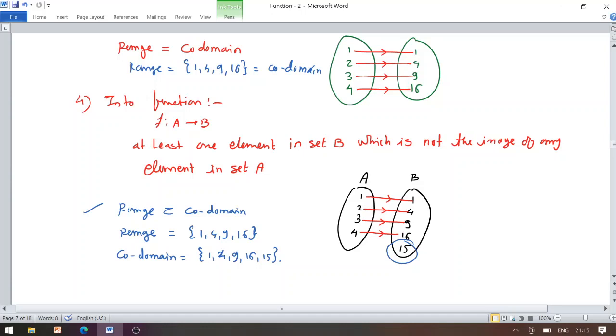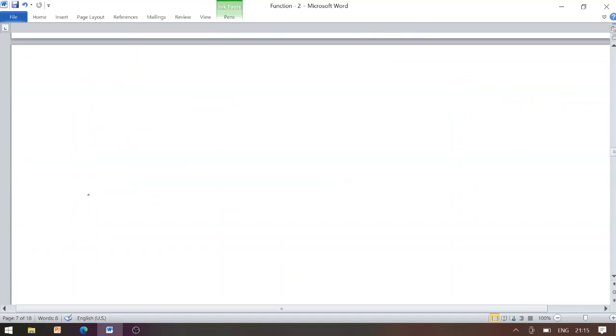Now next, the onto function. The fifth type of function we have is the onto. It is the same as your onto relation, no doubt. A function f from A to B is such that the elements in B are the image of some elements in A, or you might read it as pre-images, keep in mind.